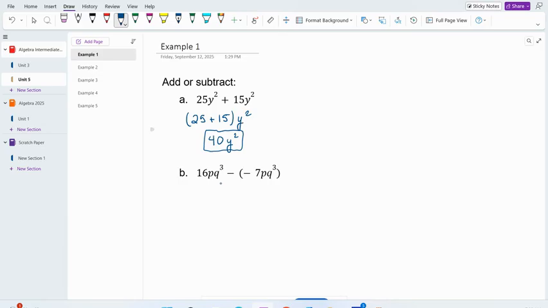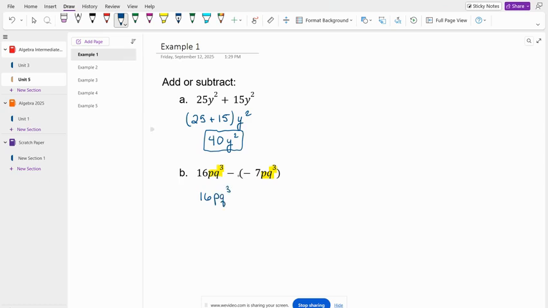So in this part B, we have 16pq to the third. pq to the third is the term that we're talking about, and that's the same in both of these. So we're going to simplify some things first.